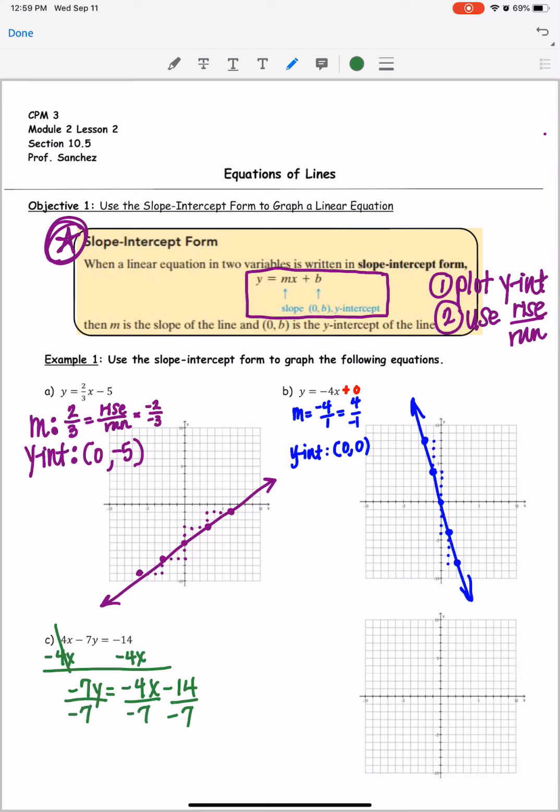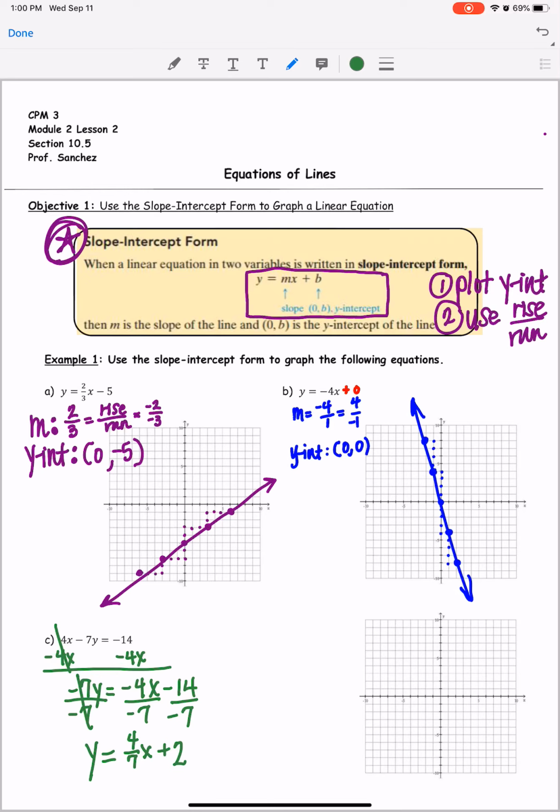And notice I divided everything by -7, not just the 14 that it goes evenly into, but everything. So we get y equals, I can't reduce this, but negative over negative does become positive. So 4 over 7x, and then -14 divided by -7 gives me a positive 2.